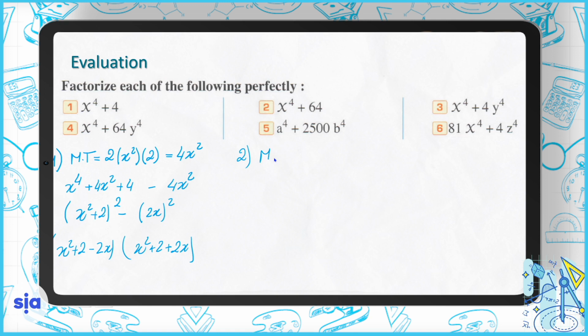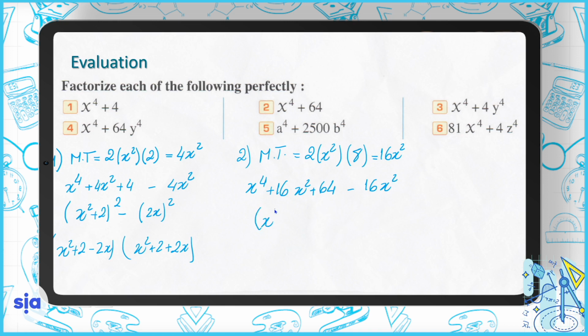Question 2, we find the middle term, which will be 2 times the square root of x power 4, which is x squared, times 8. So the middle term in this case is 16x squared. So we're going to add and subtract the middle term. So x power 4 plus 16x squared plus 64 minus 16x squared.